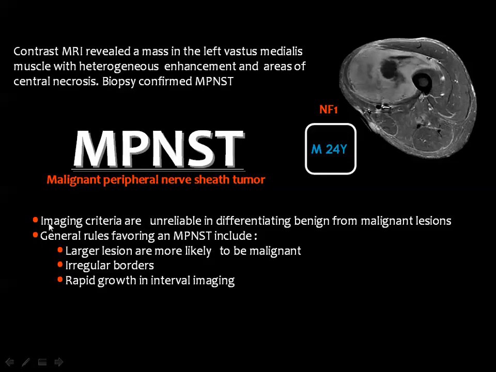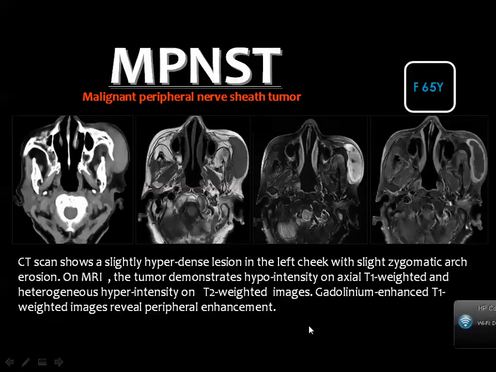There are no imaging criteria to differentiate this tumor from the remaining sarcomas in the body. However, the general rules favoring the malignant peripheral nerve sheath tumor include large lesions are more likely to be malignant, irregular borders, and rapid growth in interval imaging.